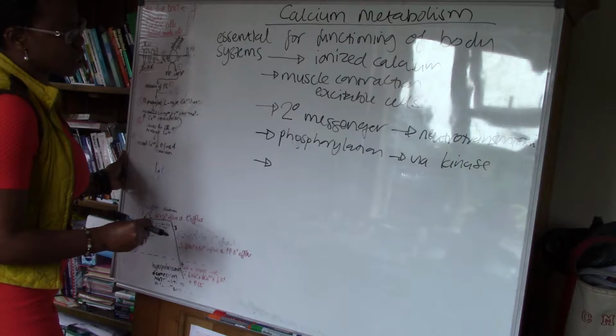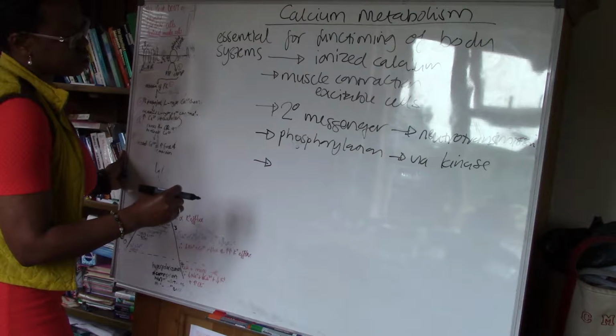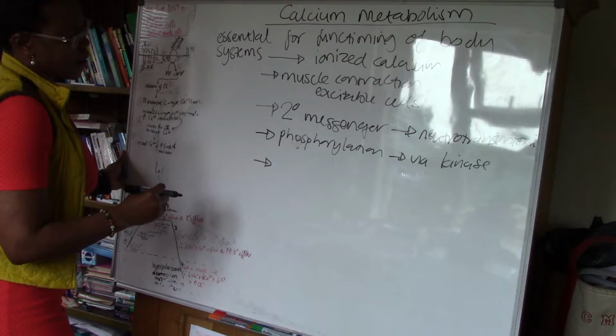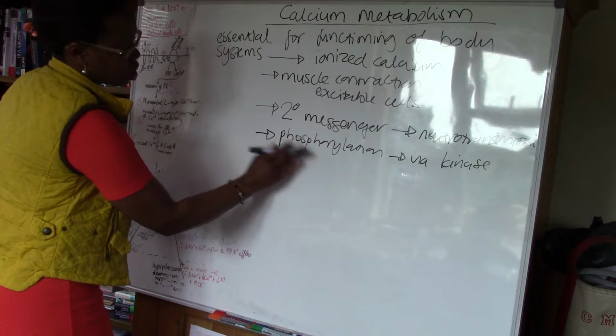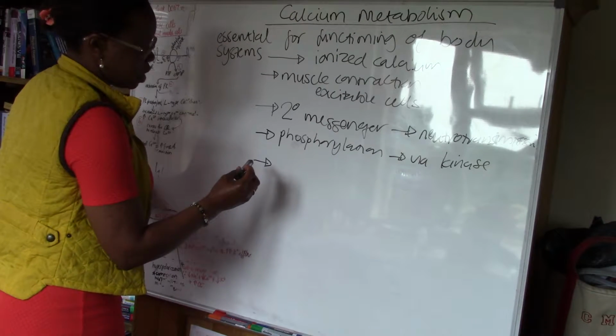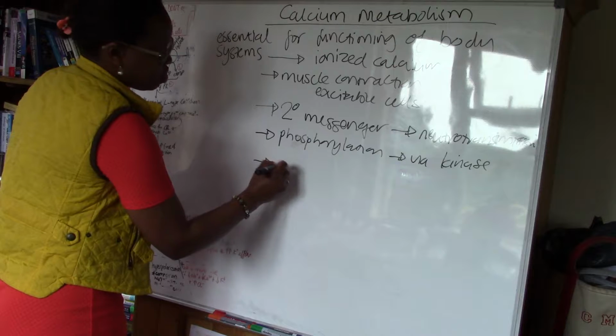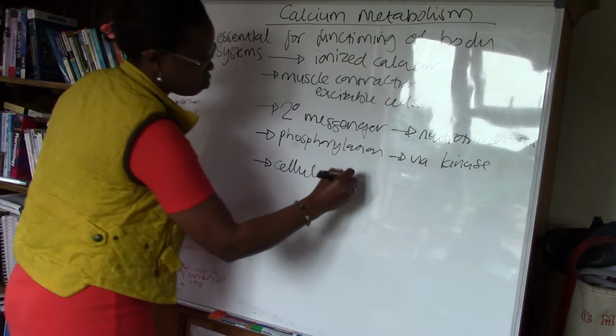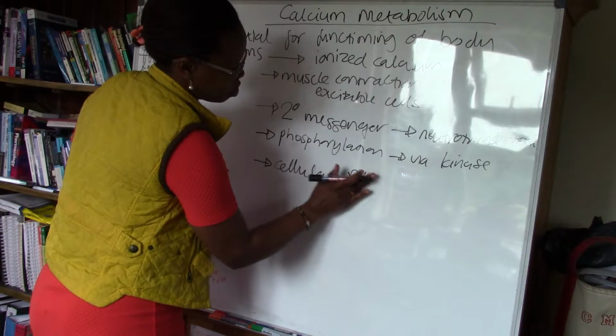I've told you about muscle contraction. What else? I'm forgetting. It also is useful for a lot of cellular processes. I'm sure they'll come back to me later on as I'm going through.